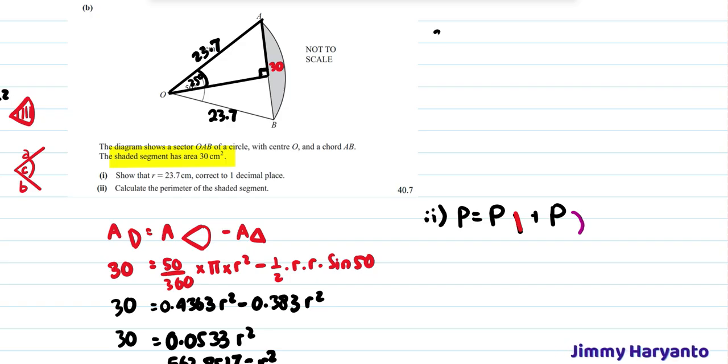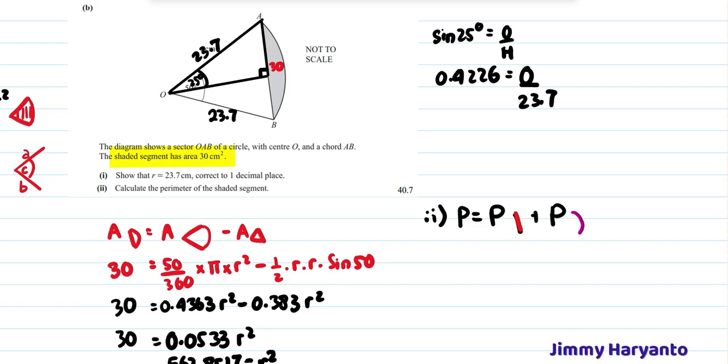Okay, we will use sine. Sine 25 equals opposite over hypotenuse. Sine 25 is 0.4226, which equals the opposite over the hypotenuse. The opposite we don't know yet. The hypotenuse is 23.7. So you will label this like this: opposite, hypotenuse, adjacent.